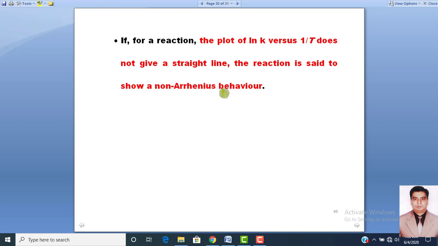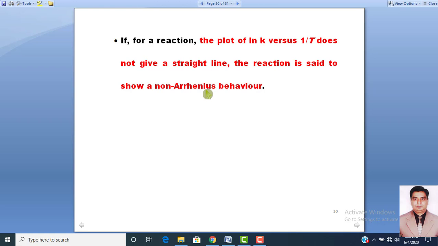To know whether a reaction is following the Arrhenius equation or not, you can just check: if the plot of log natural k versus reciprocal of temperature does not give a straight line, it is showing non-Arrhenius behavior.